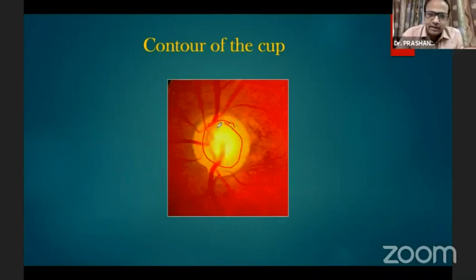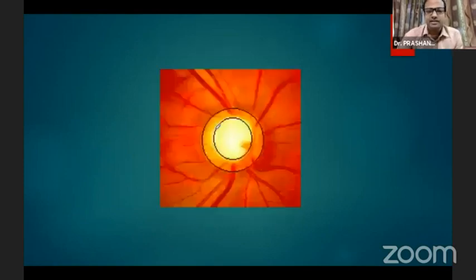The actual cup area is determined by the area where vessels are bending. So we have to draw a contour line determined by the bending of vessels. Like in this picture, the pallor is going beyond the area of cupping. Drawing a contour line will be helpful to determine the actual area of the cupping.